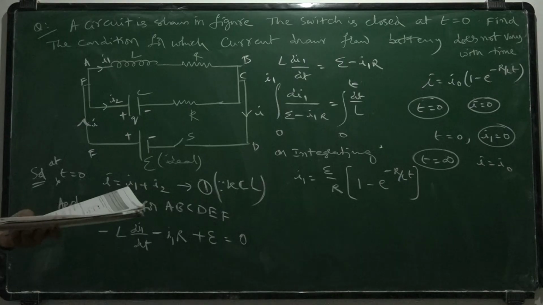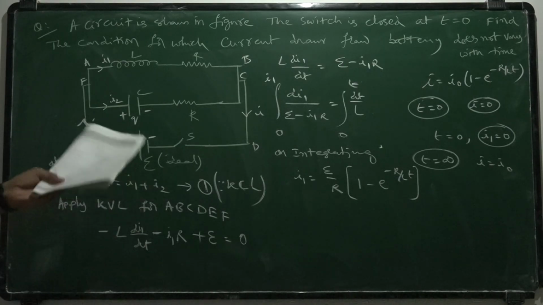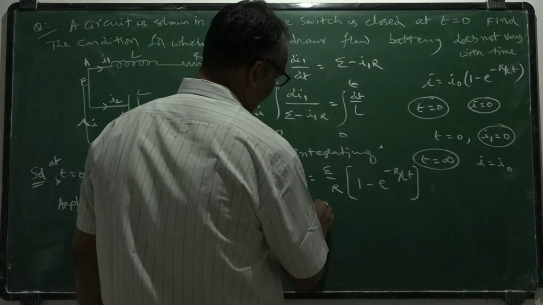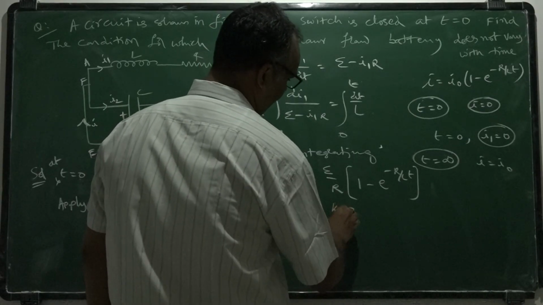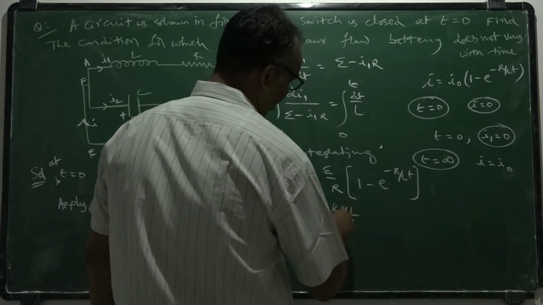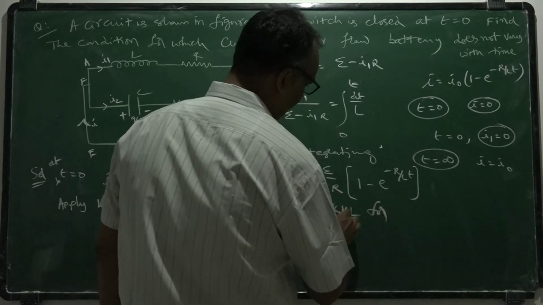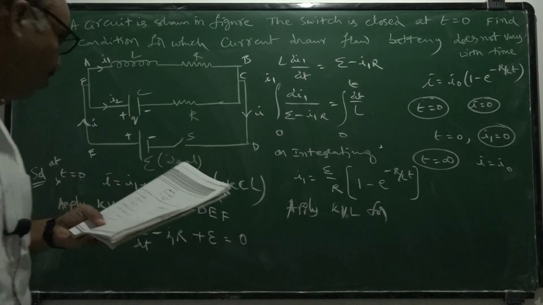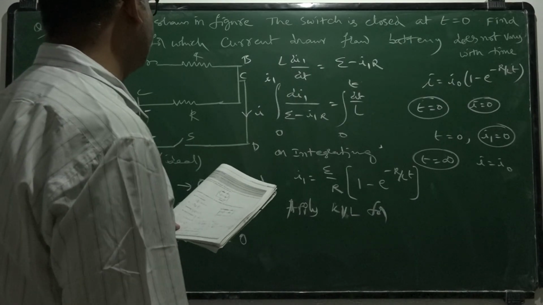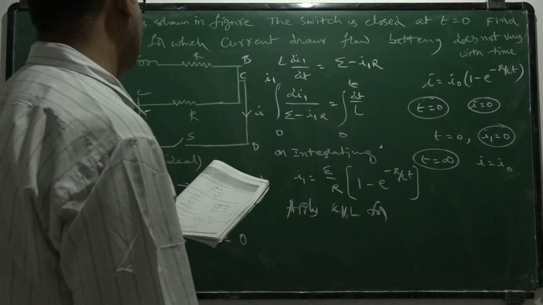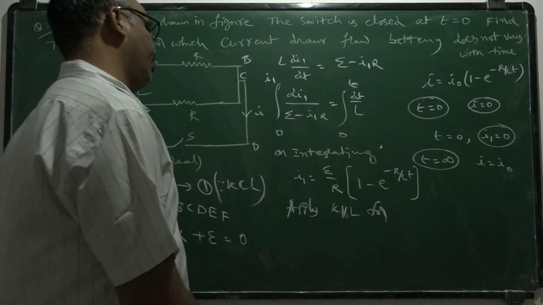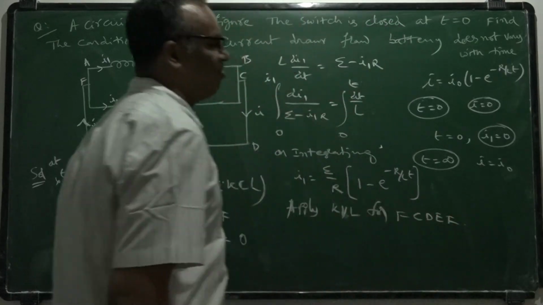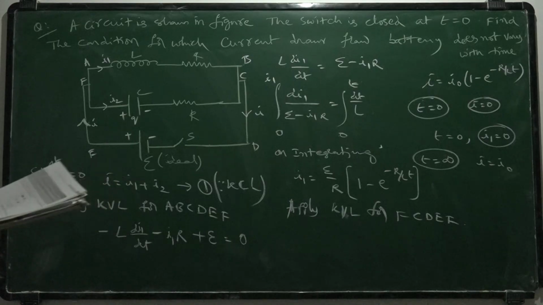Again, I will apply KVL for the second loop. The name of the loop is FCDEF.